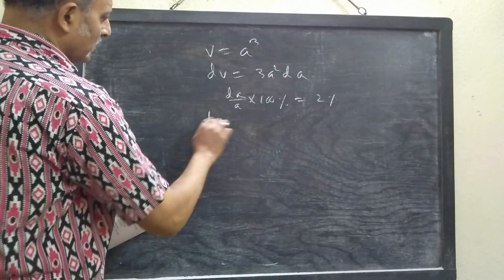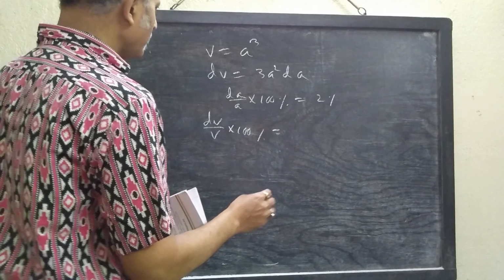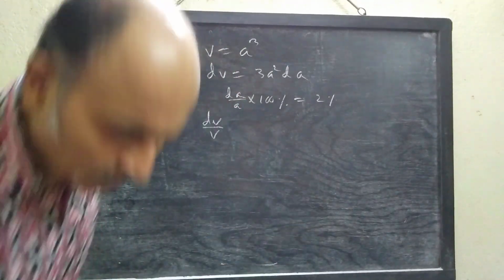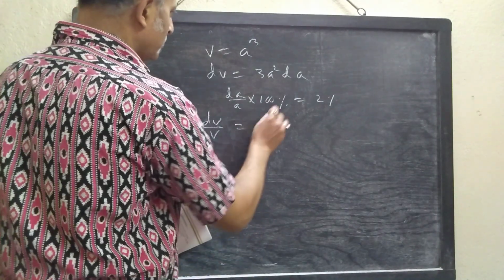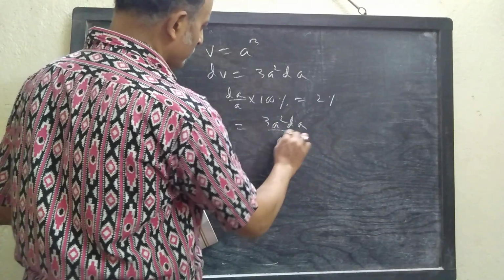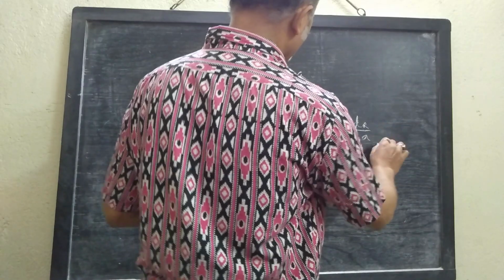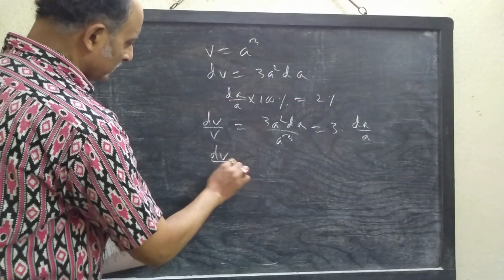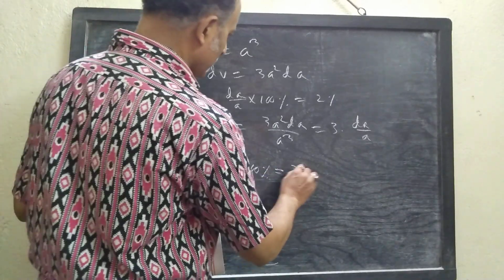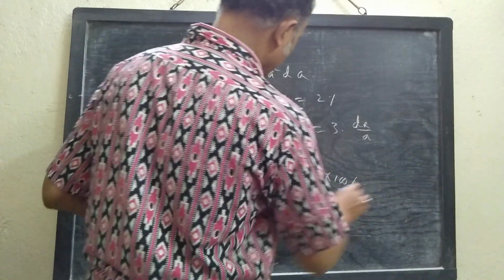So your dV by V into 100%, first find dV by V, then go to this. Your dV is 3a squared da and V is a cube. So this will become 3 into da by a. Now dV by V into 100% will be 3 into da by a into 100%.